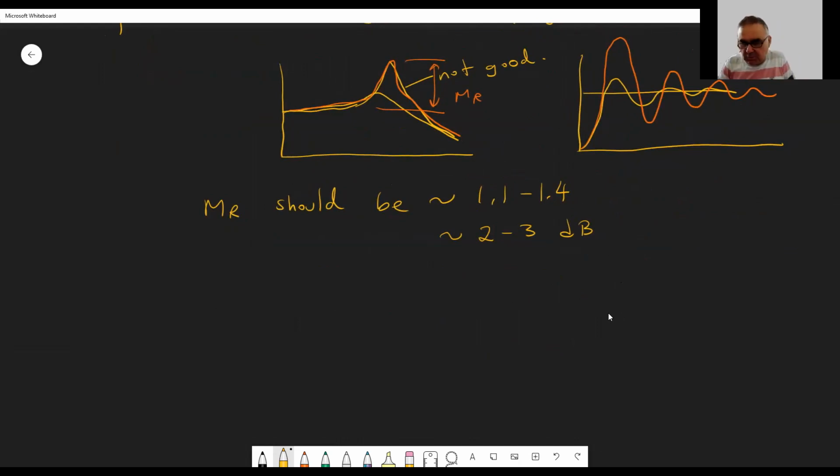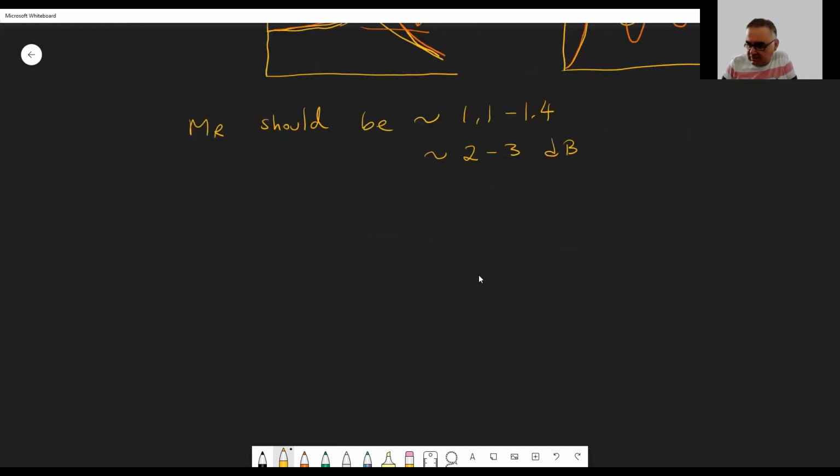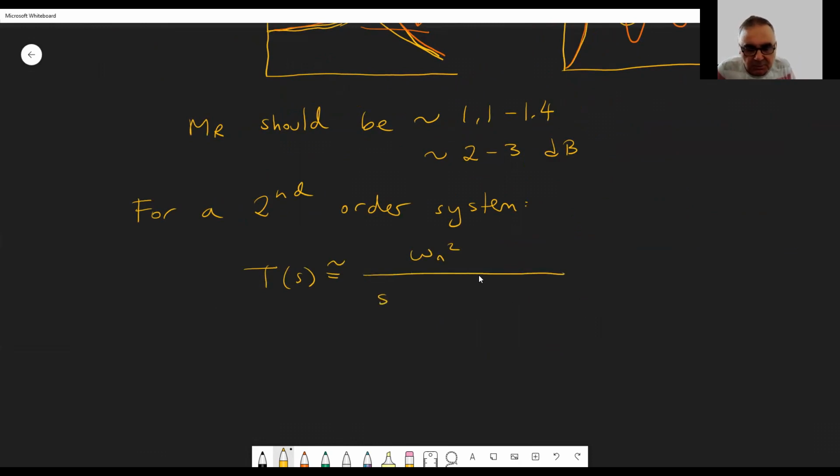Now, for a second order system, this is the last thing. For a second order system, let's say T of S is approximated by a second order system, which might or might not be too accurate. Okay. And the damping is less than 1.